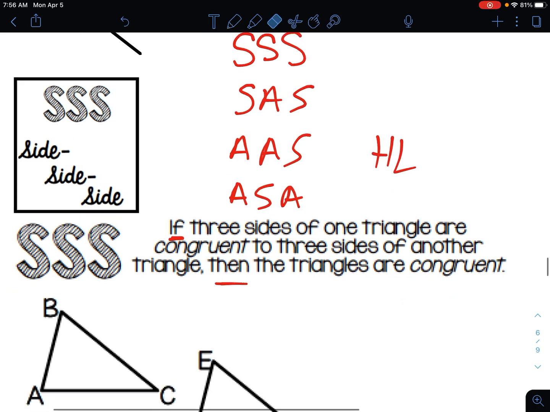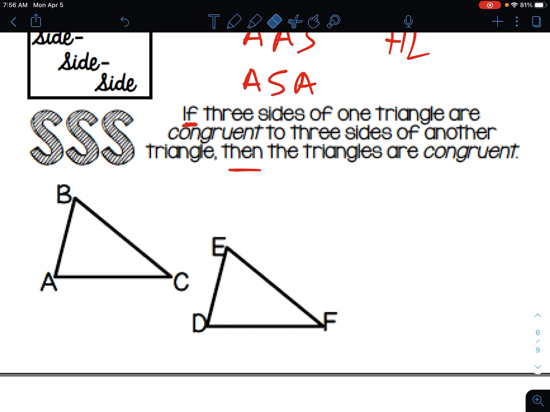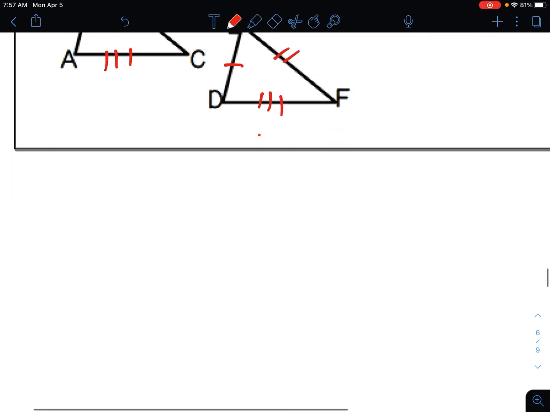So when we're doing this, we have to stay in order. Okay? We have to stay in order. So in order to prove these 2 triangles are congruent, we got to have tick marks all over the place or information given to us that's going to help us out. Okay, if I could show 3 sides of one to 3 sides of the other, then I can write a congruency statement and say that the 2 triangles are congruent.